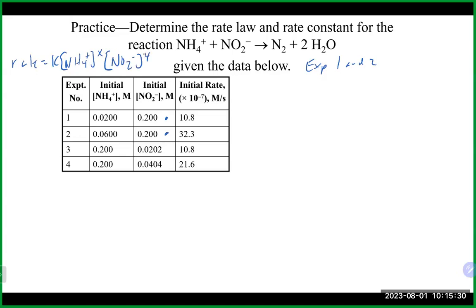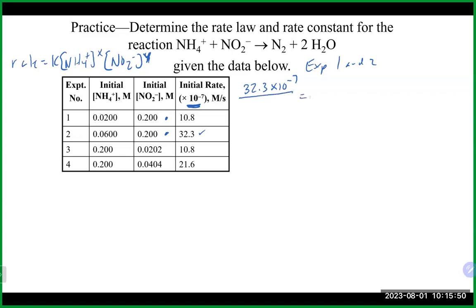All right, so taking a look at those 2, I'm going to choose again the larger one to put on top. That will give me 32.3, and in case you missed it, it is times 10 to the minus 7 from the table there. So you want to make sure that you put it in there.